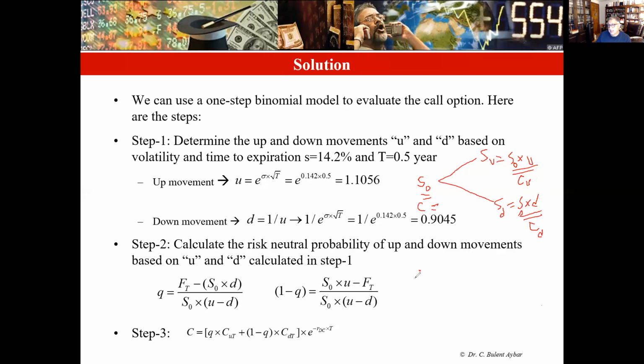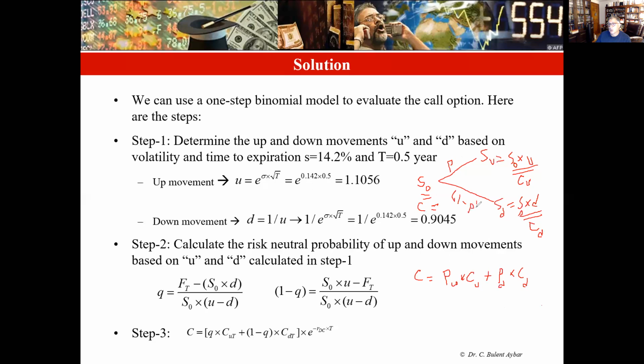So C is going to be the probability of an up movement times the value of the option on the upper branch, plus the probability of the option going down times the value calculated at the down movement. So we need the probability that the option will go up and the probability that it will go down, which is 1 minus P.